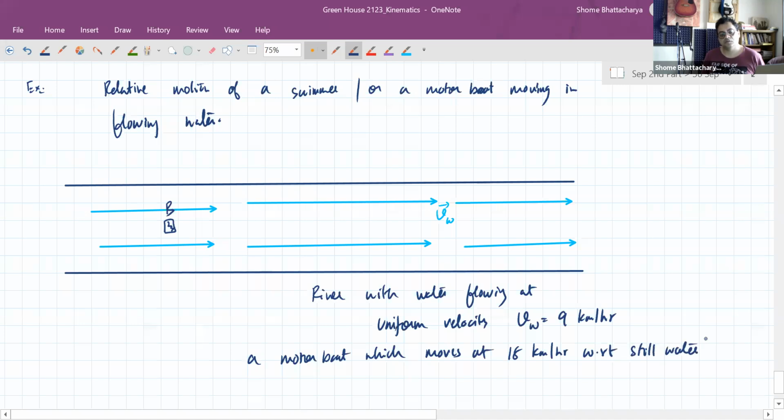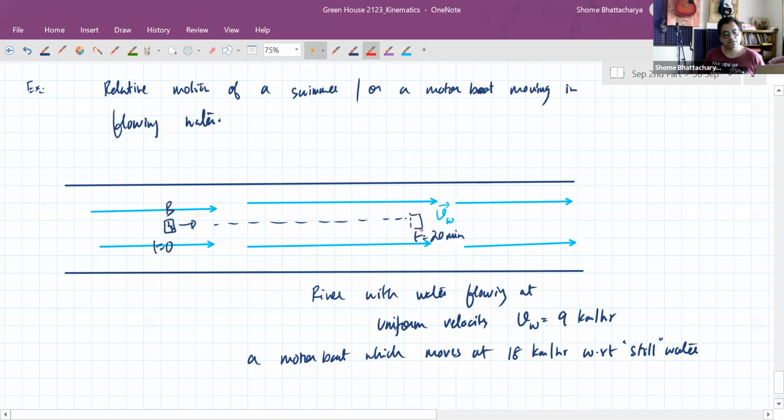That is, if the motorboat was moving in a pond where the water is still, then its velocity with respect to that still water would be 18 kilometers per hour. Okay. So now this motorboat goes from this position downstream till it reaches somewhere here at a time of 20 minutes.